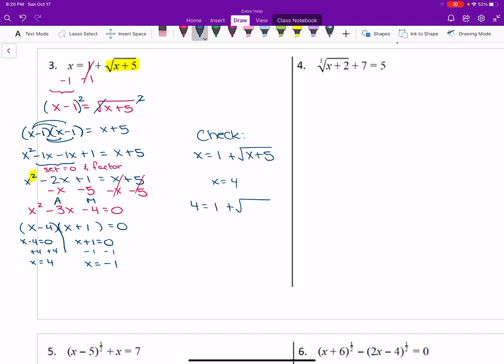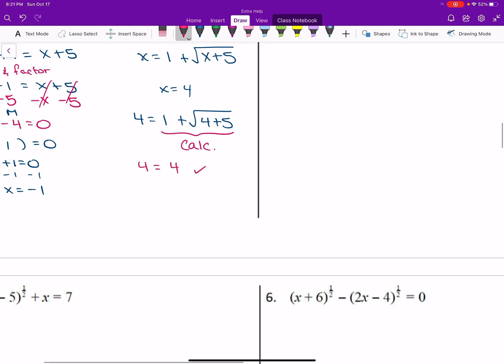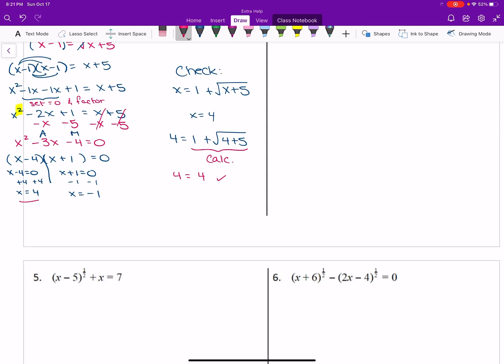Every single x in the problem gets a 4 plugged in. Like I said, the side that has stuff that needs to get done, you're going to type it right into your calculator. So in this case, we get 4 equals, and the right side should also come out to 4. So positive 4 works.